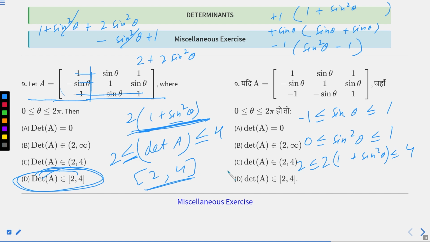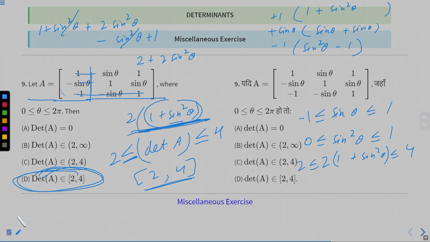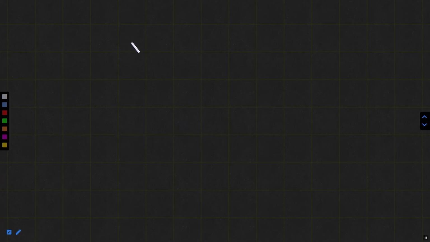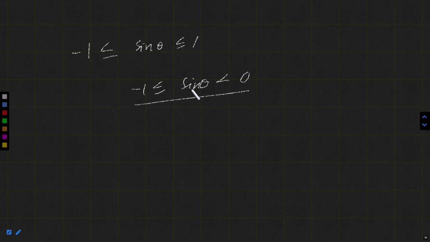I hope that you got how we get this inequality. Let me once again give you. Sine theta, you all know, is less than or equal to 1 and greater than or equal to -1. Break it into two parts. Suppose sine theta is negative.